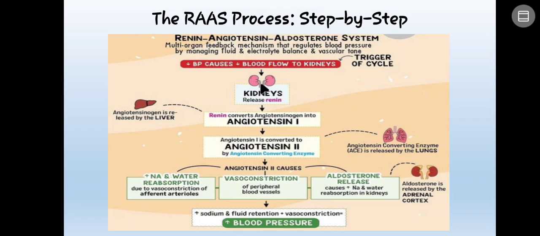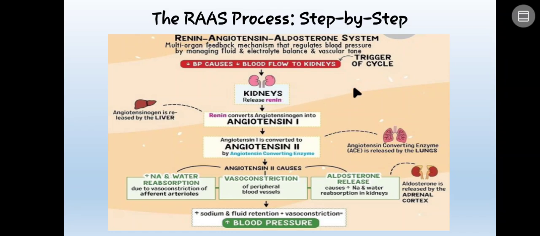Now, we have specialized cells within the kidneys that detect the low blood pressure. We call these cells the juxtaglomerular cells.